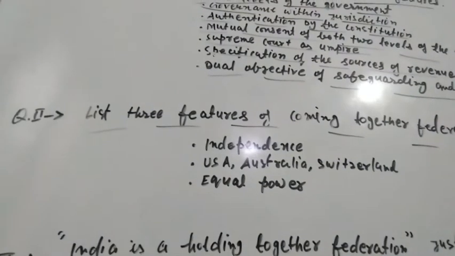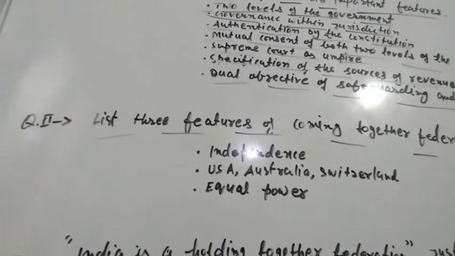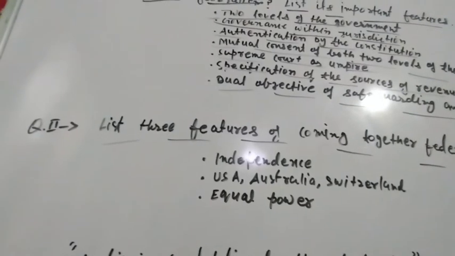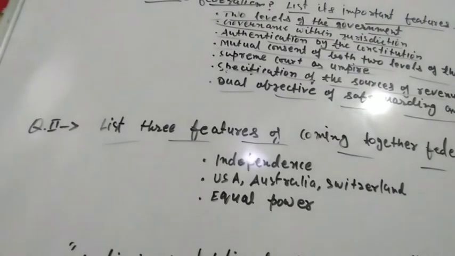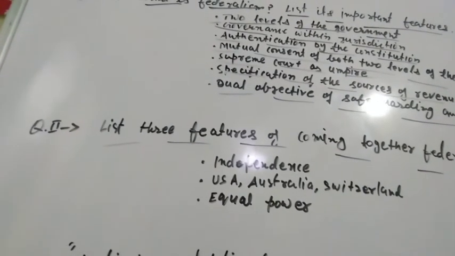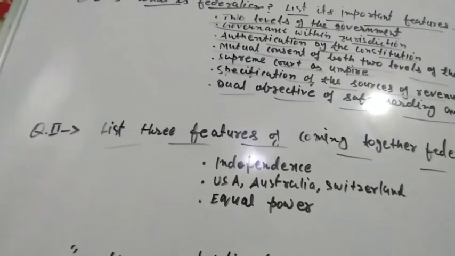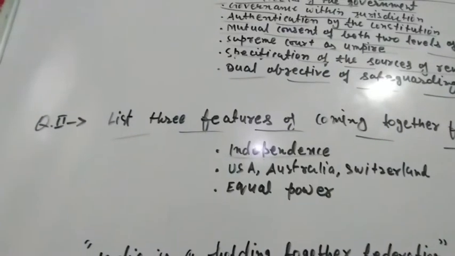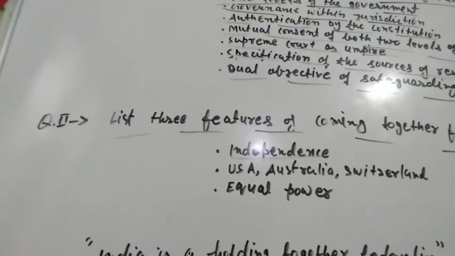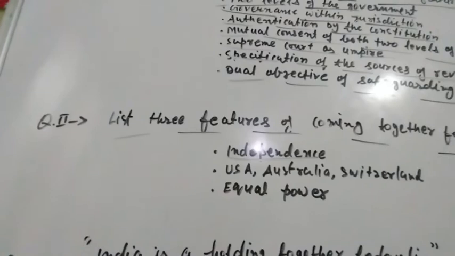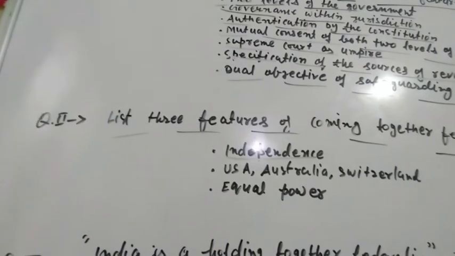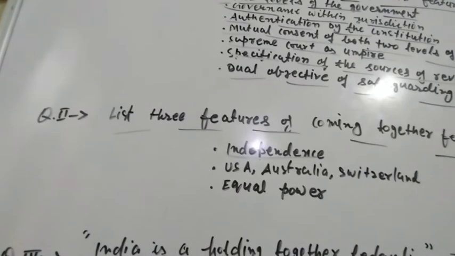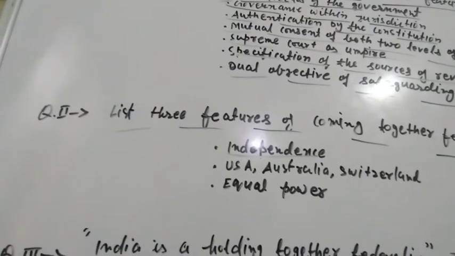Coming together federation refers to a country in which all states are independent, but they decide to come together so that they can form a big country. First point is independence. In a coming together federation, all states are independent and they have equal power, but they decided to come together so that they can form a big country.